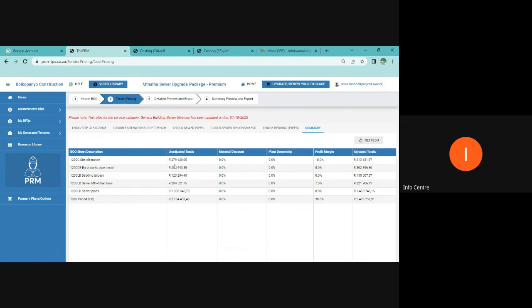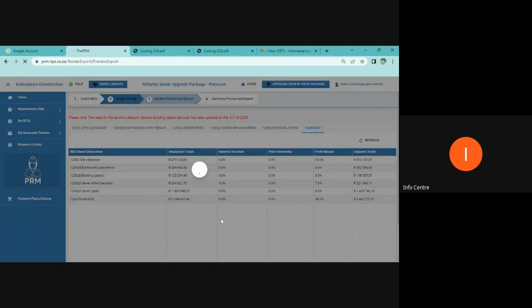You can see 279, 313, 284, 302, 123, 135, 204, 221, 1.3, 1.4, total of 2.1, 2.4. So you can see I've priced everything, I've adjusted everything, and most importantly, I have made sure that all my rates are applied, all my adjustments are applied, and I'm 100%.